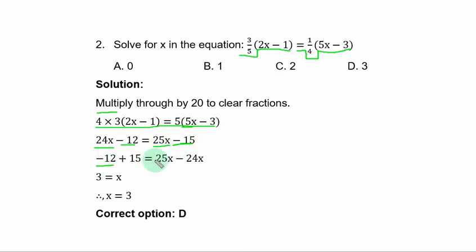If you transfer this, it becomes plus 15. You have 25s. You transfer this, it becomes minus 24s. If you add and subtract, you have 3 equal to s. Therefore, s is equal to 3. D is the correct option.